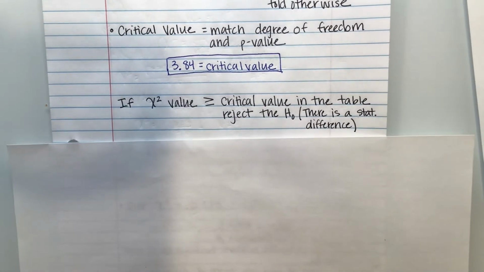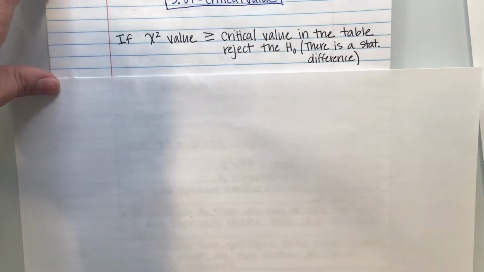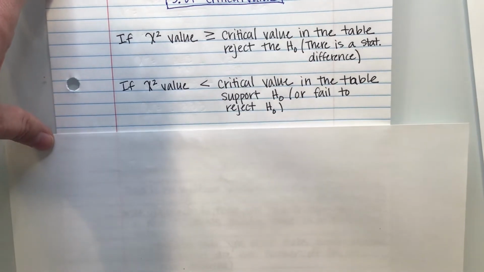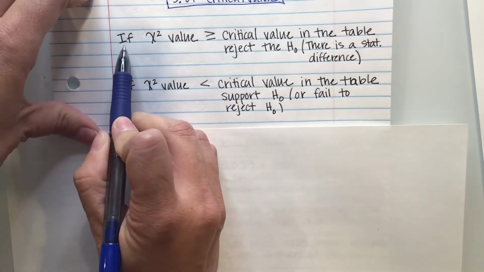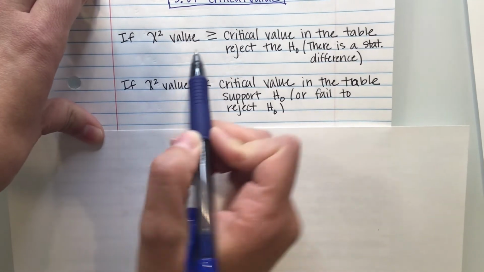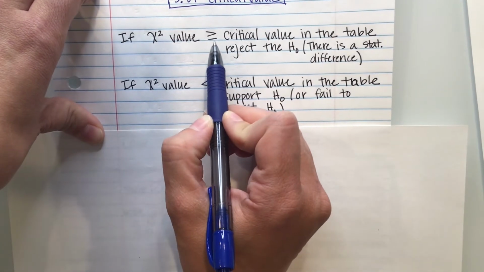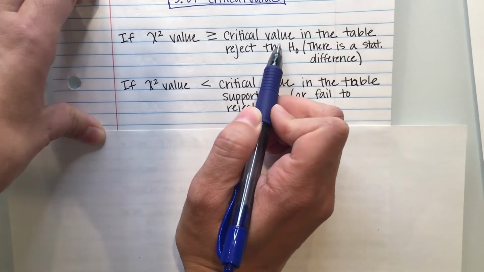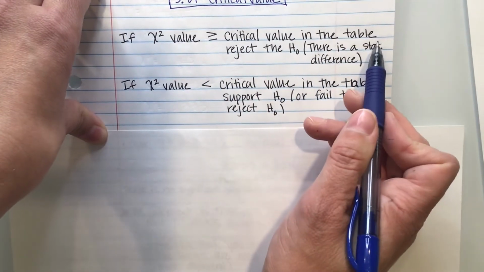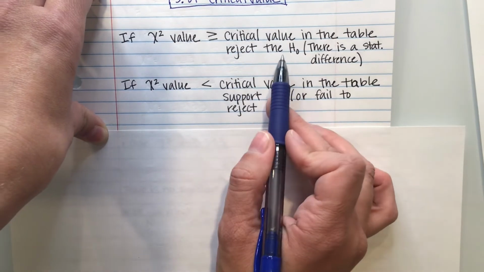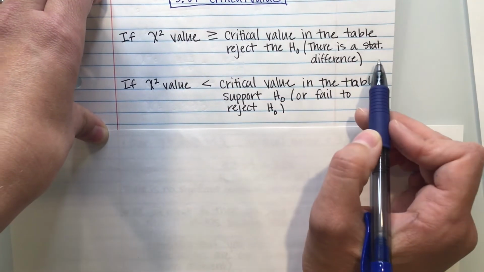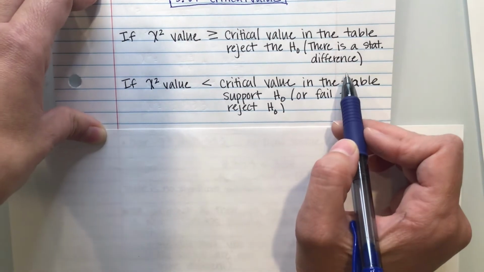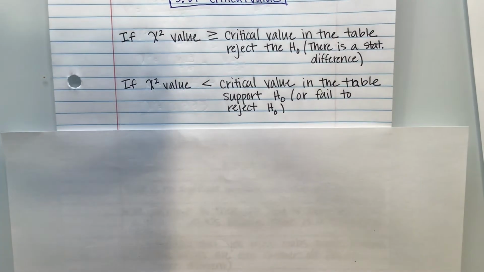Well, we compare it, okay? And when we compare our chi-square value, there are basically two things we have to look at. If our chi-square value is greater than or equal to our critical value that's listed in the table, we reject our null hypothesis. We say that there is a statistically significant difference between what we observed and what we expected.